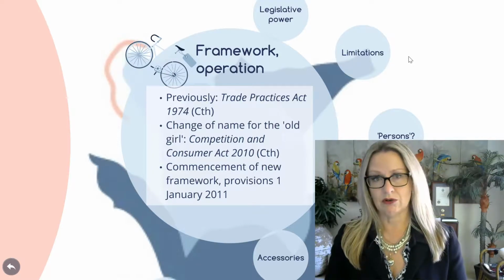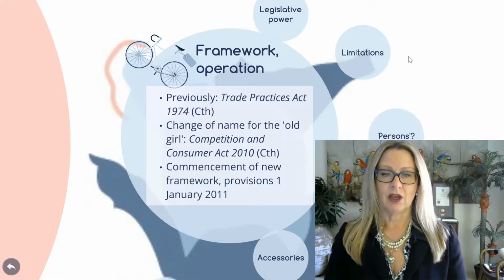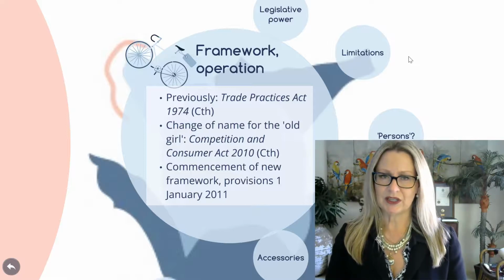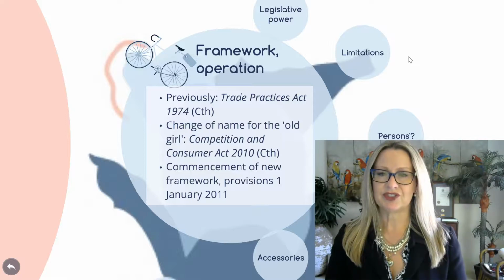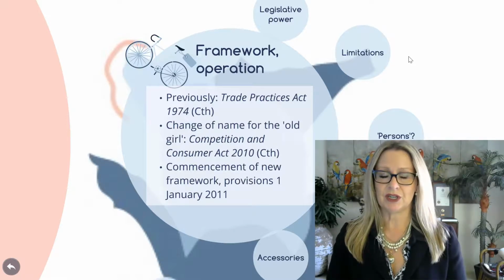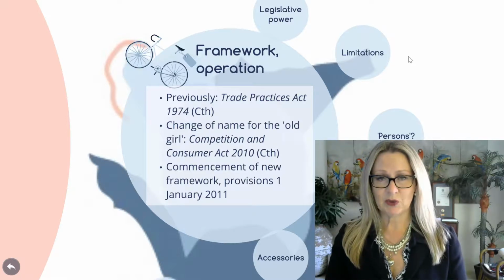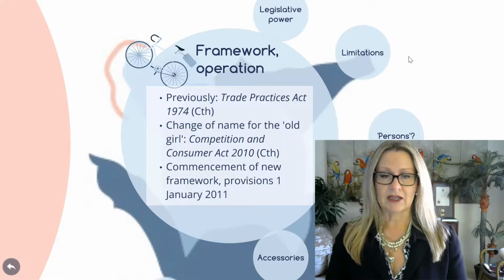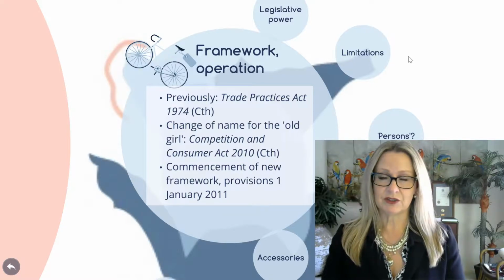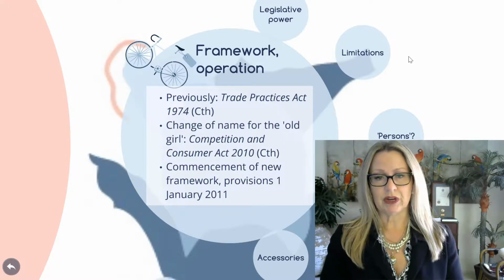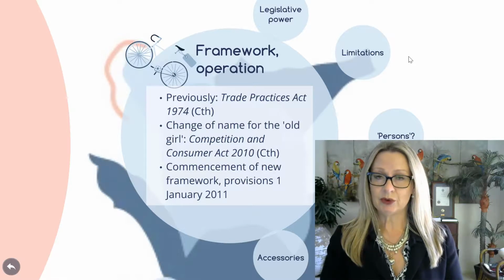It's been a long time coming, a long time in the making, and what we have at this point is one of the strongest and best protections for consumers and protections against anti-competitive conduct that you'll see pretty much anywhere in the world. It is globally recognised as a very effective piece of legislation, and it's quite interesting that you get to jump in and wallow around in it, so to speak, early on in your law degree, because it is something that you should become very, very familiar with.